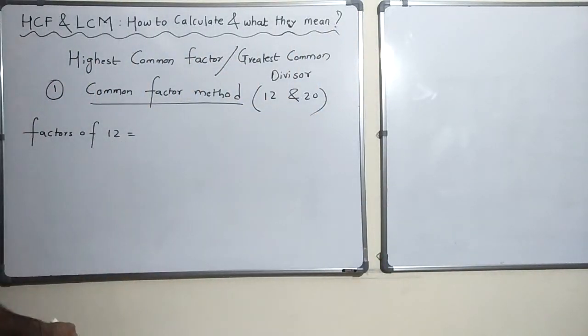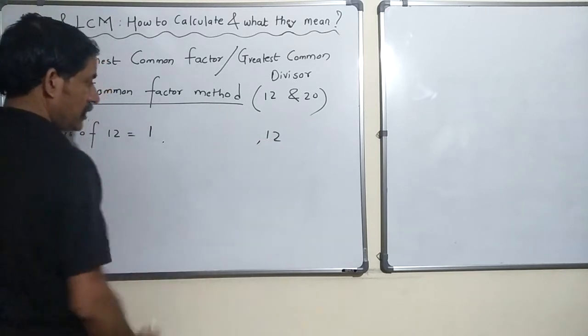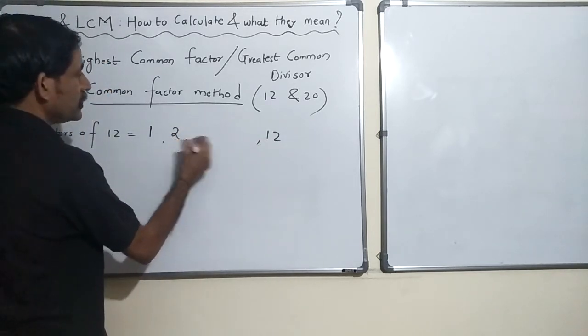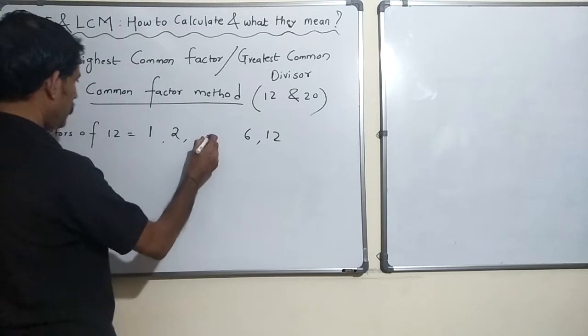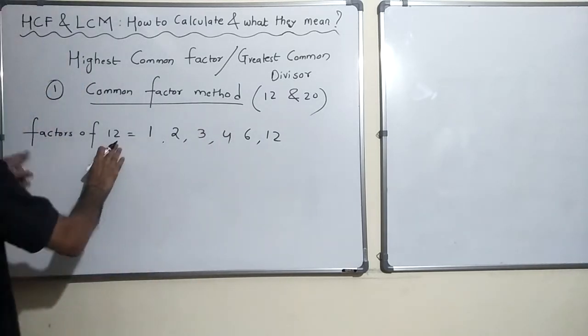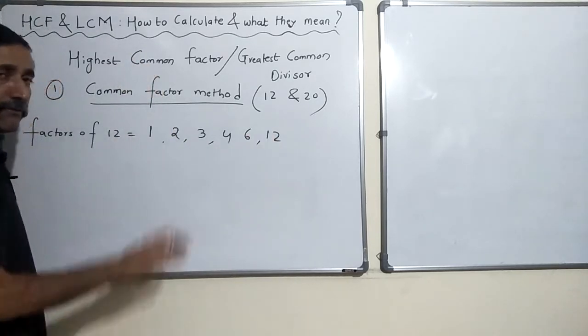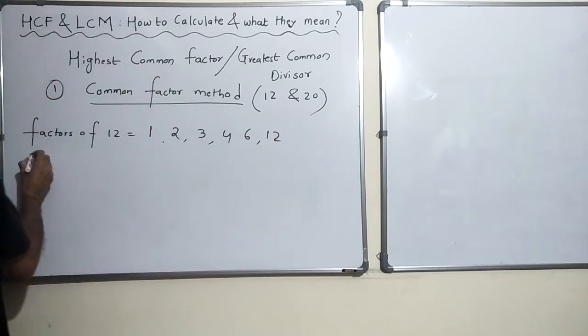So, factors of 12 are 1 into 12 is 12. Okay, 2 into 6 is 12 and 3 into 4. So, the factors of 12 are 1, 2, 3, 4, 6 and 12. We have 6 factors. Okay.